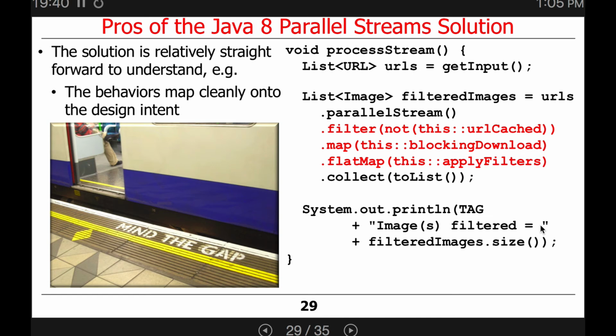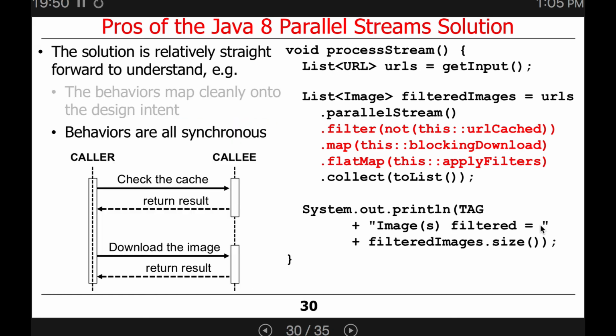And that description is almost identical to what you see here as the intermediate operations in the Java stream. It just happens to be running in parallel, but the basic point is that it's easy to understand the behavior.